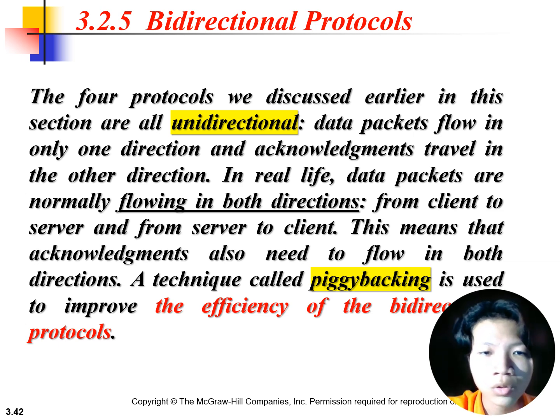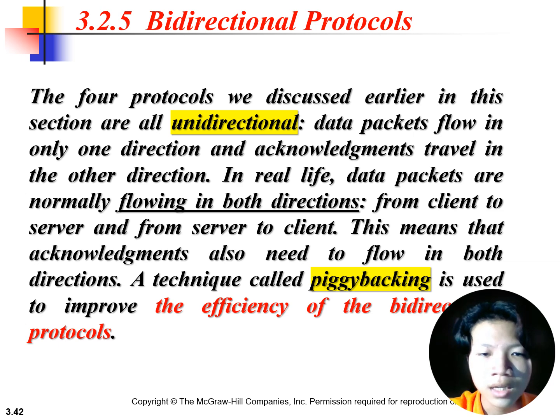The four protocols we discussed earlier in this section are all unidirectional. Data packets flow in only one direction and acknowledgements travel in the other direction. In real life, data packets are normally flowing in both directions, from client to server and from server to client.